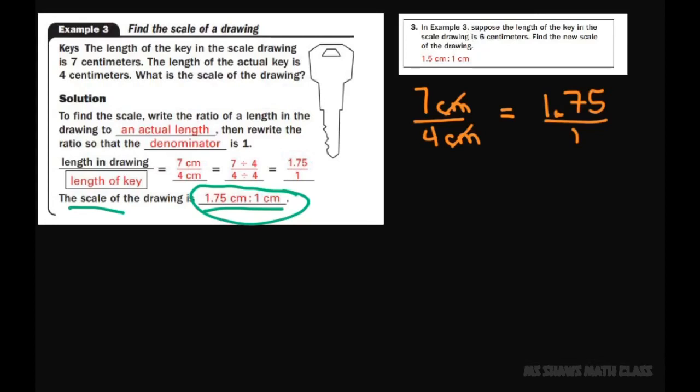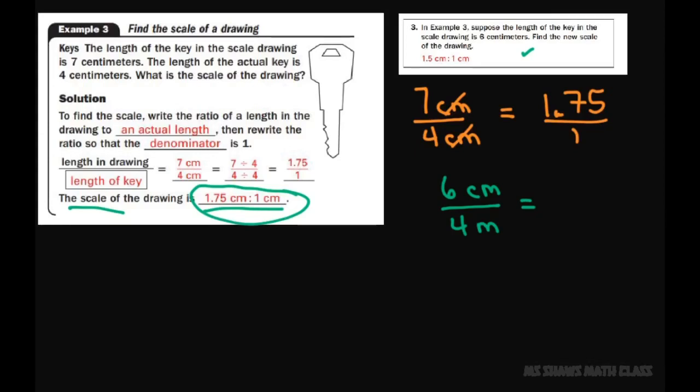So let's do this one. Suppose the length of the key in the scale drawing is 6 centimeters. Find the new scale of the drawing. So instead of 7, we have 6. So we have 6 centimeters to 4 centimeters. And you divide this up.